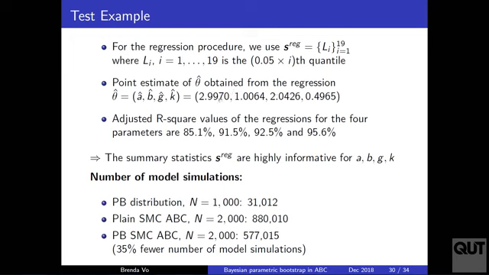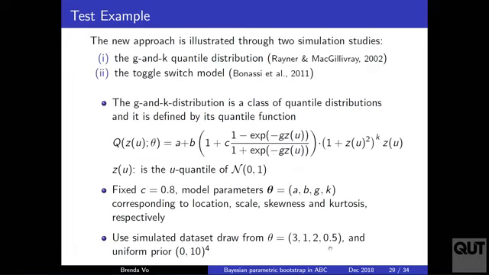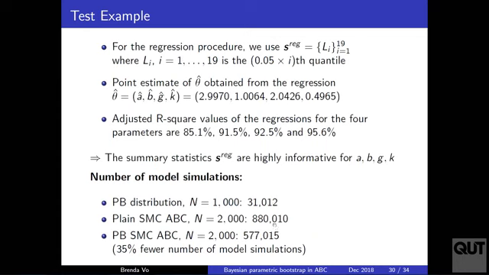After we fit the regressions, the point estimates are very close to the original values that we used. When we fit the regression, we check the adjusted R-square and it fits really well. So we consider that these summary statistics are highly informative for all 4 parameters.